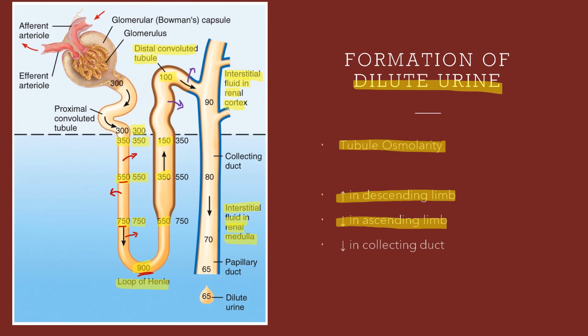Remember those early distal convoluted tubule cells, they're not very permeable to water, and they're not regulated by ADH. And then when we get into the collecting duct here, osmolarity continues to drop until we get very dilute urine here. So continuing to decrease in osmolarity as we go down the collecting duct.